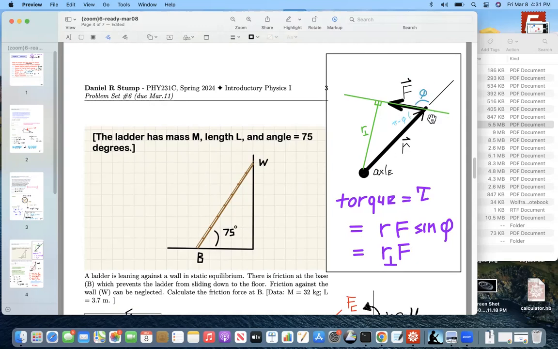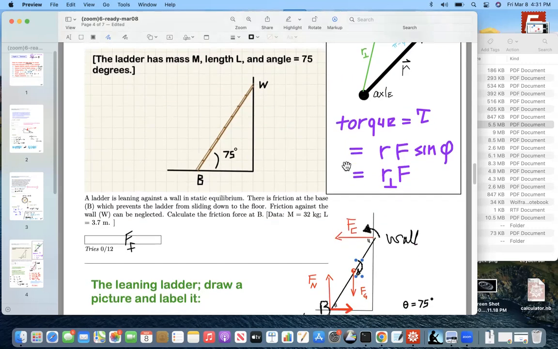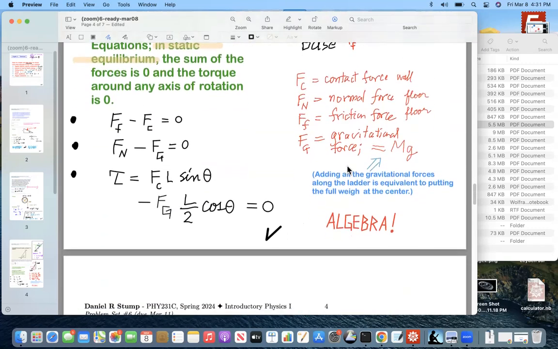And by looking at this little right triangle, the sine of this angle, the opposite to the angle is the perpendicular distance, the distance from the axle to the line of the force. We call it R perp. So calculating torque is a little tricky because of the trigonometry involved.